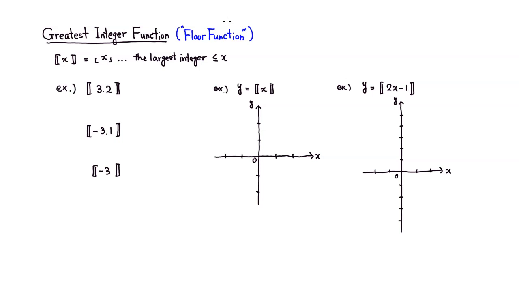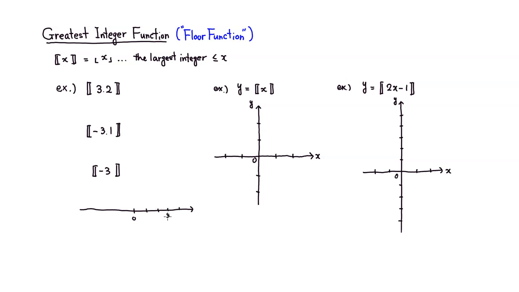All right, so for example, what would be the greatest integer function of 3.2? It might be helpful to look at the number line. So you have a number line, and let's say you have a 0 right there, and then you have 1, 2, 3, 4.